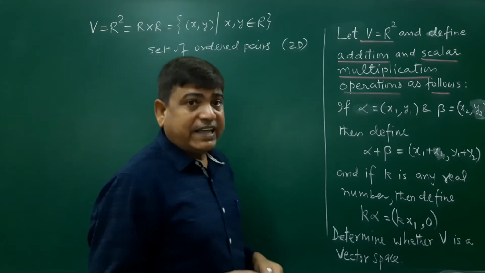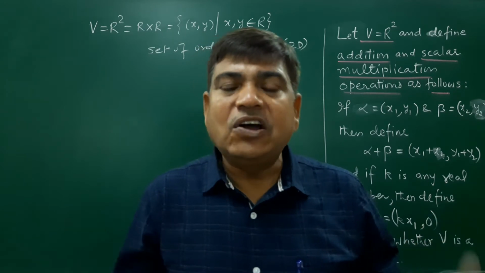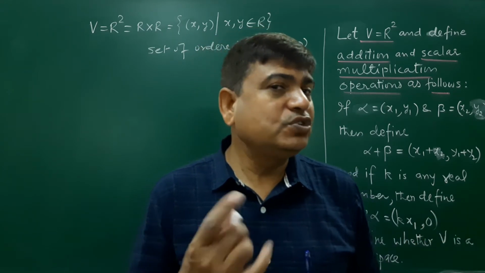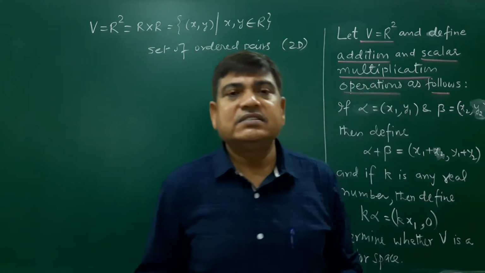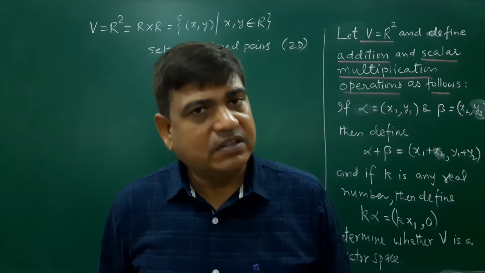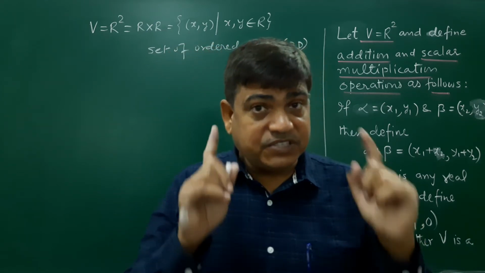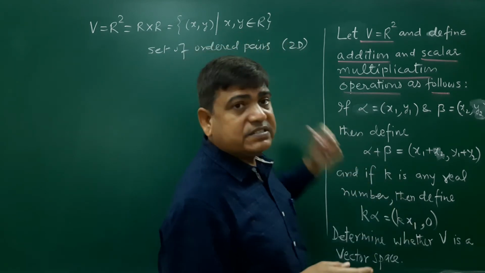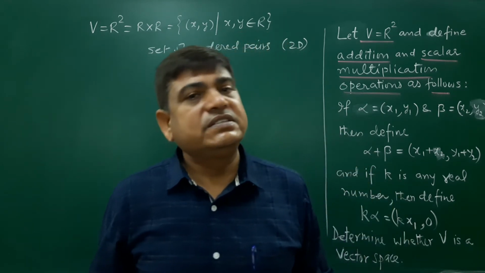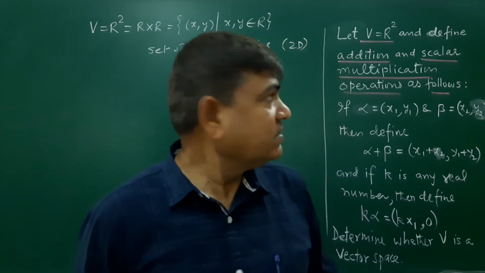Then V is along with two operations. One is addition and the other is scalar multiplication. Remember, if it is standard addition operation with respect to pairs, then first component is added to first, second to second, third to third, and so on.